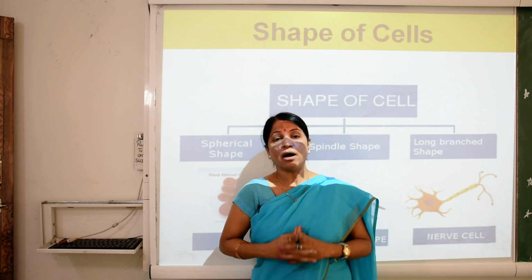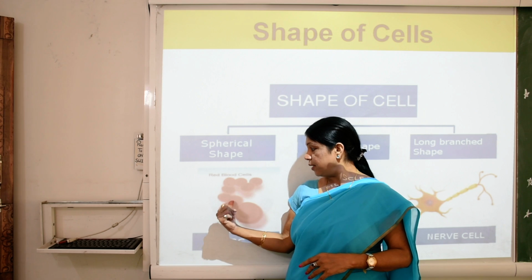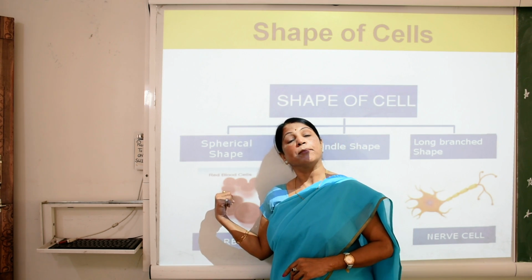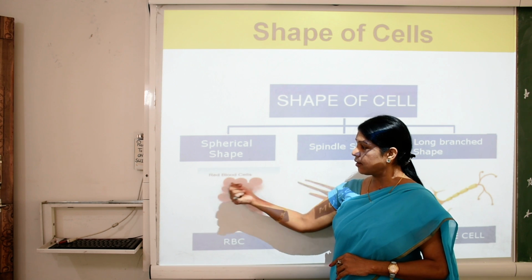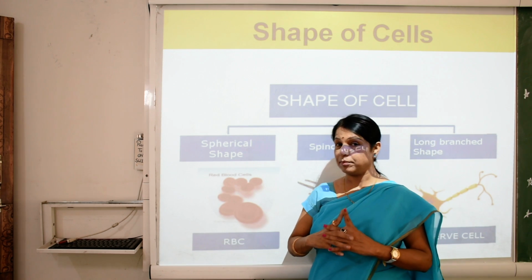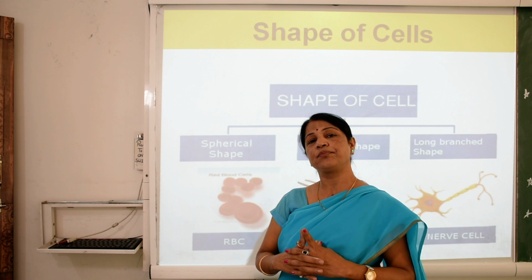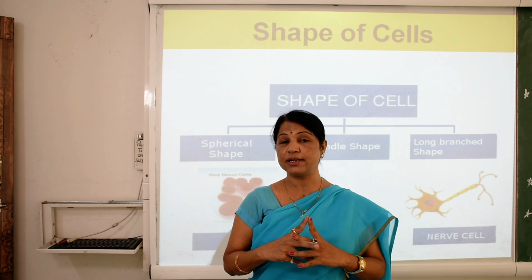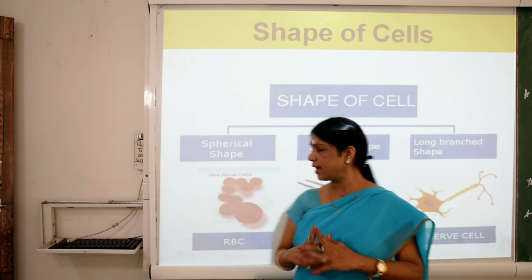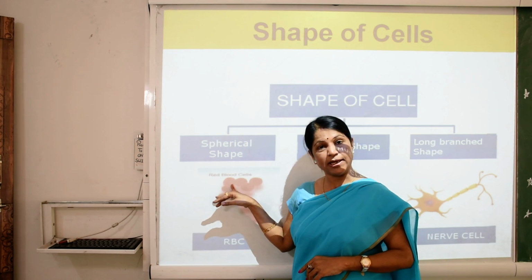What do you mean by RBC? RBC means red blood cell, or corpuscles. Do you know what the color of our blood is? Our blood is red. Why is it red? Due to the RBC.